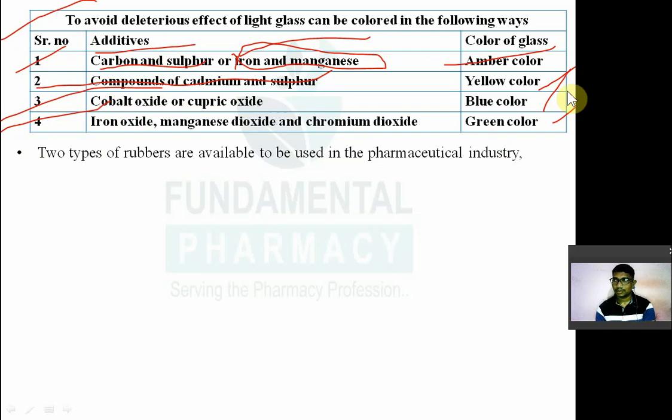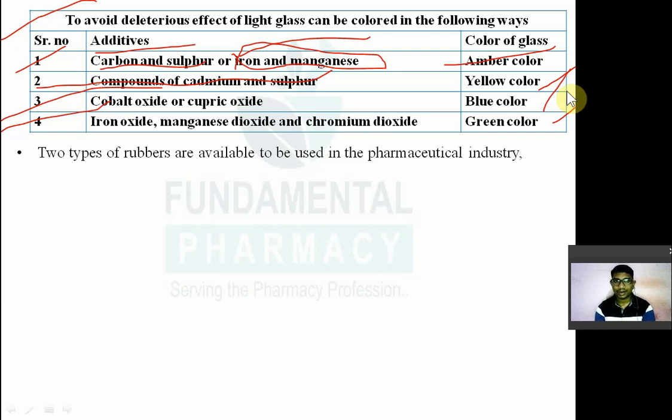You must have seen that glass also has colors, it is not only transparent glass. To prevent the decomposition of your product by light, you need to change the color of the glass. You can impart different colors to the glass by adding different substances.